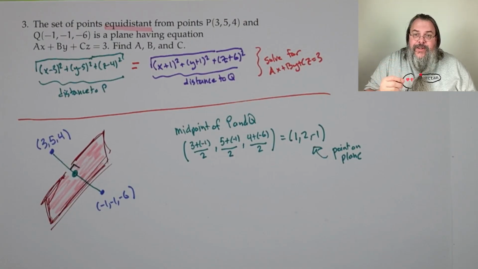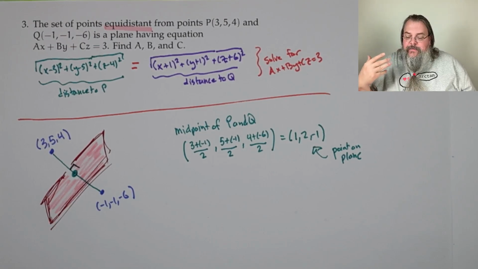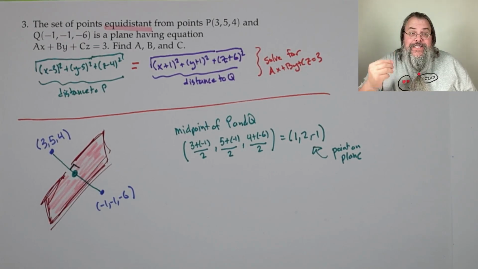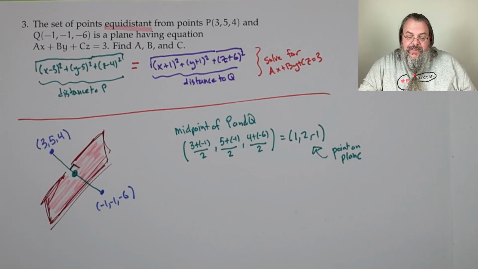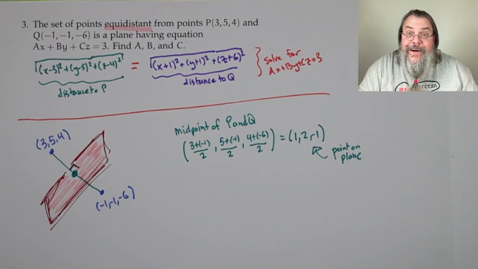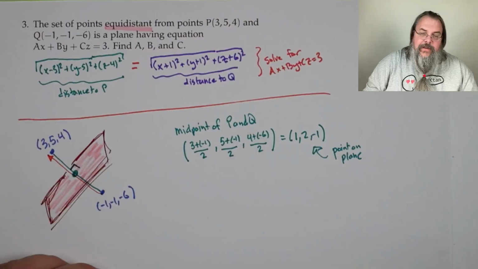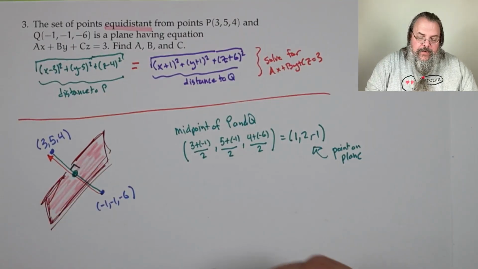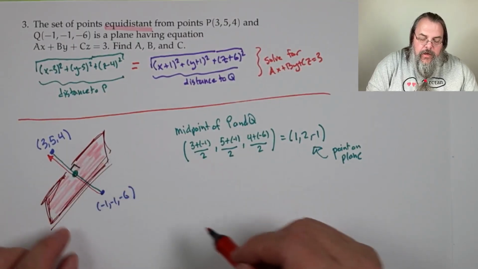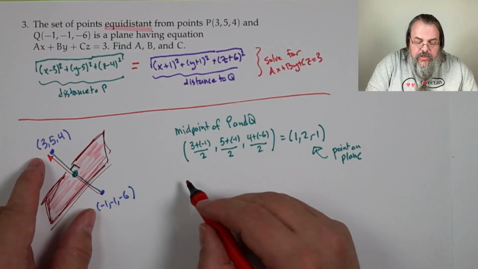What do we need to make a plane? We need a point and a vector. Now, when we talk about vector, we're saying a perpendicular vector. So, idea. Let's take a vector that goes between our 2 points. We can even go from the midpoint if we wanted to. So, what's our change?